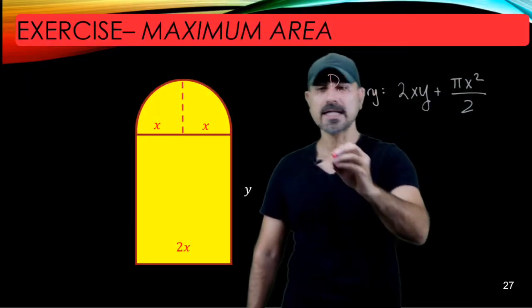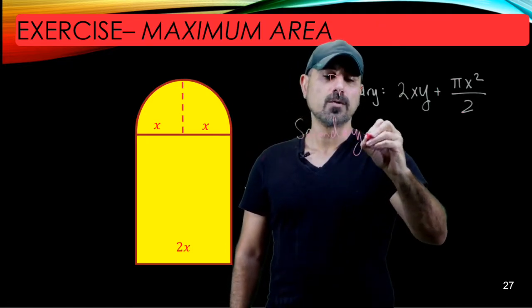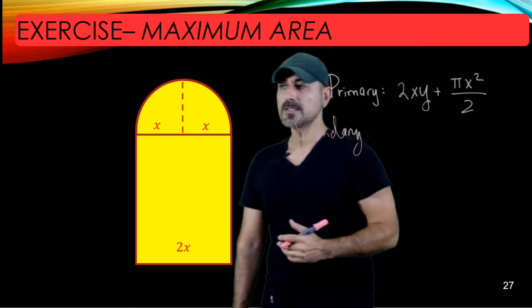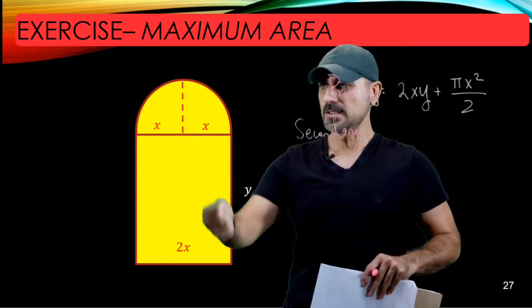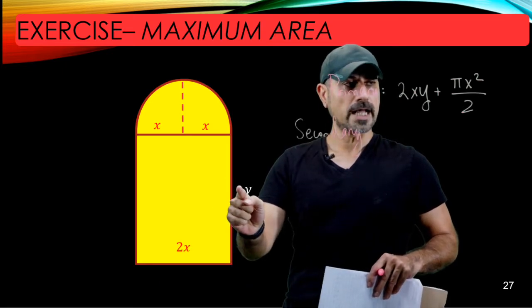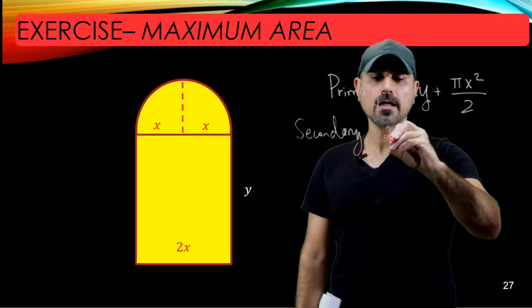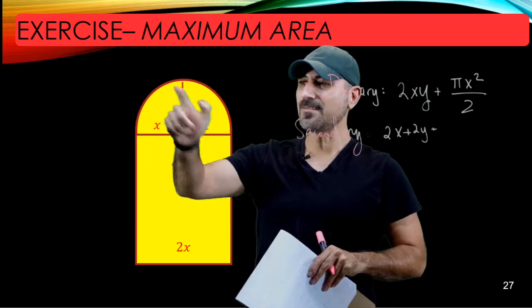All right, what is the secondary equation? The secondary equation is the constraint that's given to us. The perimeter is going to be 18. You have the top piece here and the bottom piece here. For the bottom piece, you have three sides only: one lateral side, another lateral side, and the bottom. So 2x plus 2y plus the perimeter of the half circle.